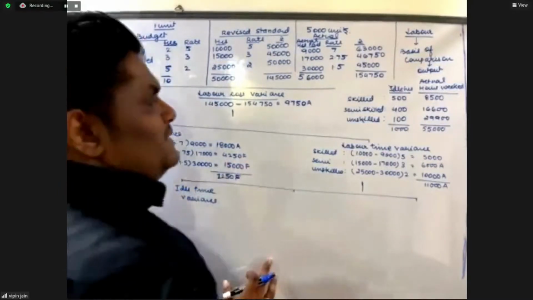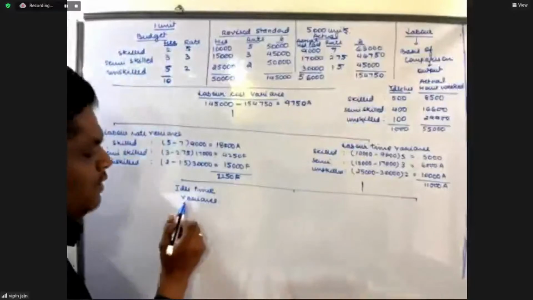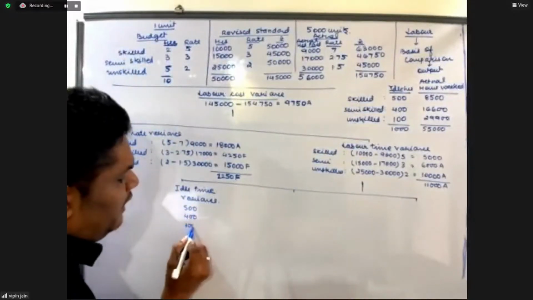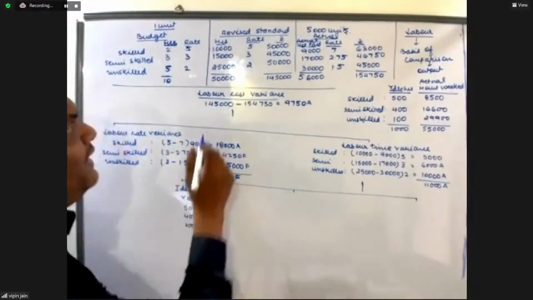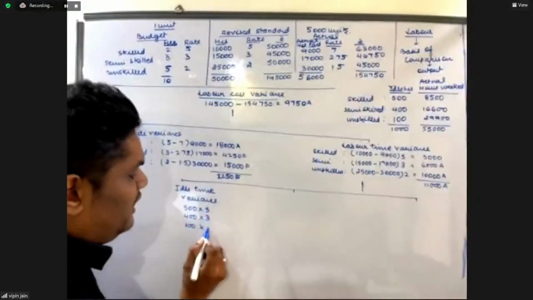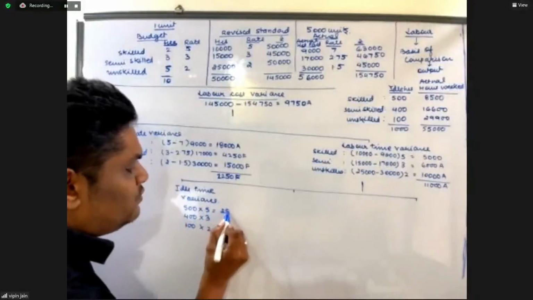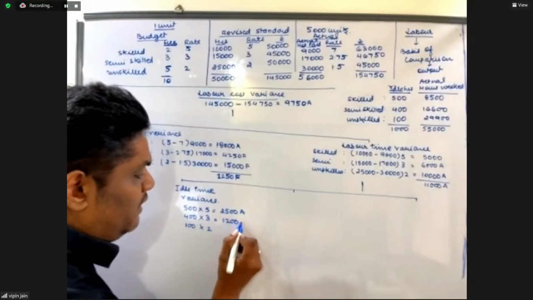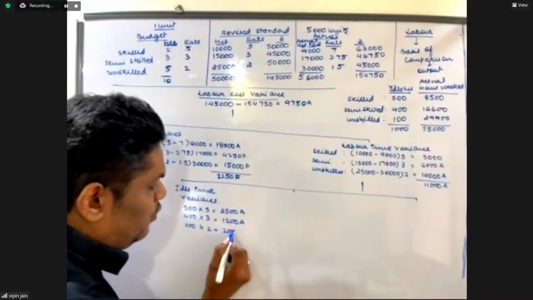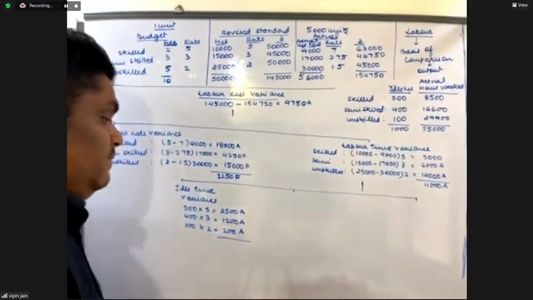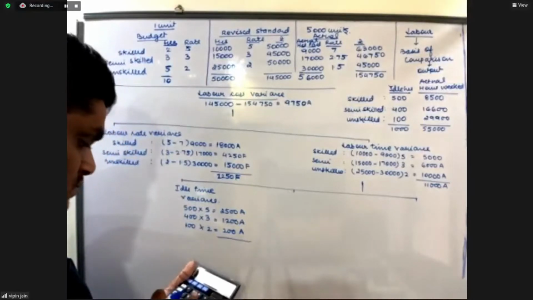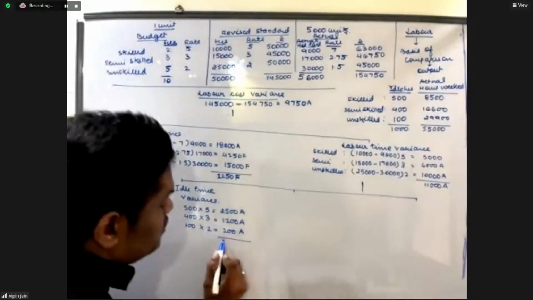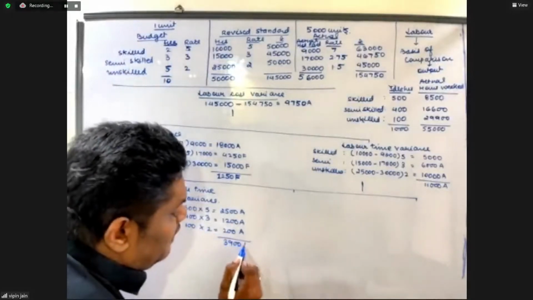Now, this idle time is a loss to the company, so it will always be adverse, that is 500, 400, and 100. We'll apply the standard rate, that is 5, 3, and 2. So this will be 2,500 adverse. This will be 1,200 adverse, and this will be 200 adverse. So total 3,900 adverse.